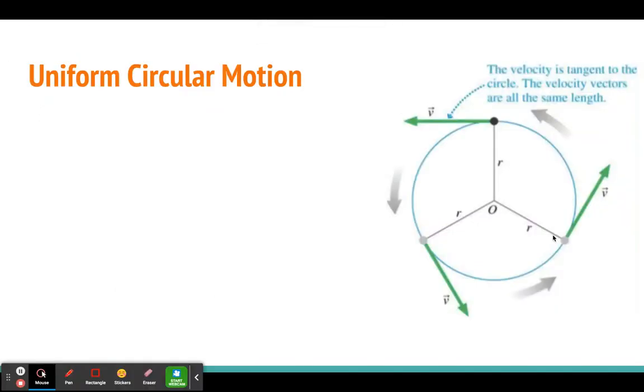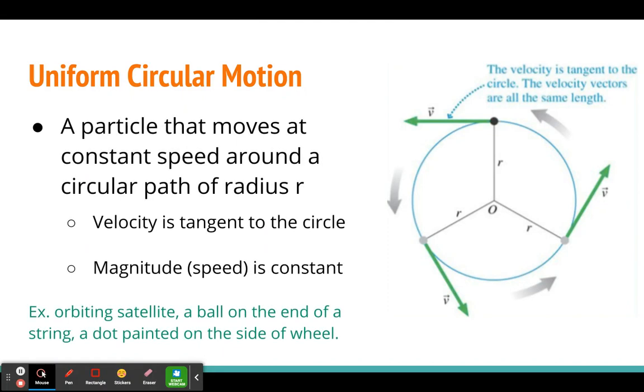So uniform circular motion is when a particle moves around a circular path at a constant speed. That circular path has a constant radius of length r. In uniform circular motion, one defining characteristic is that the velocity is tangent to the circular path.